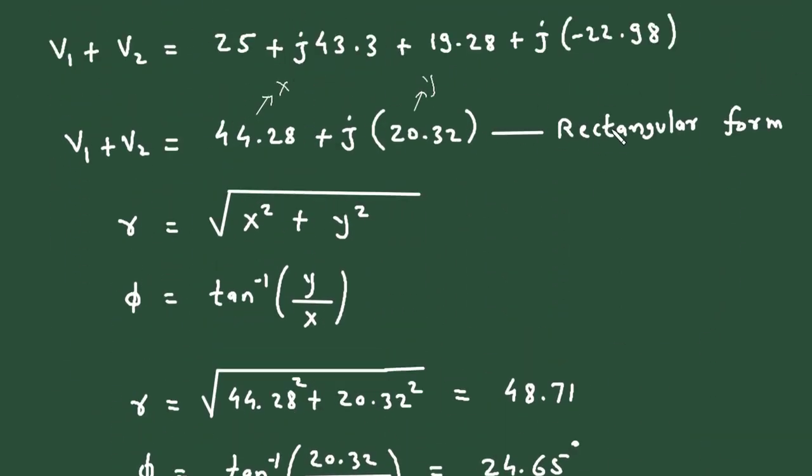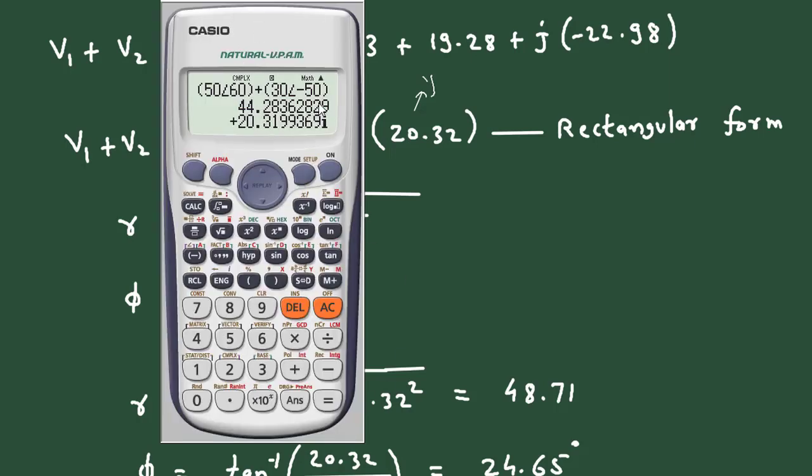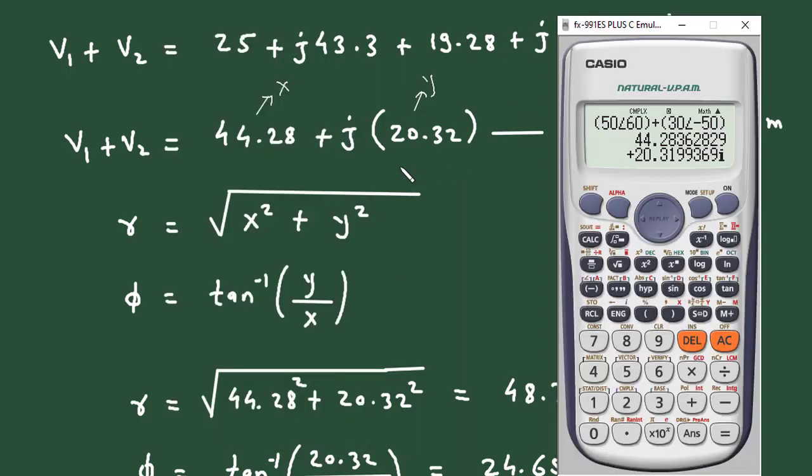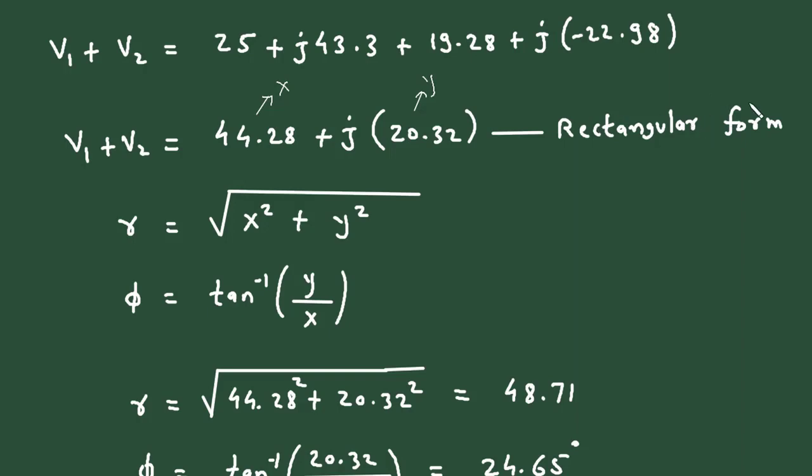So here we can see in rectangular form it is 44.28 plus j20.32. So it is same. So our rectangular form answer is correct.